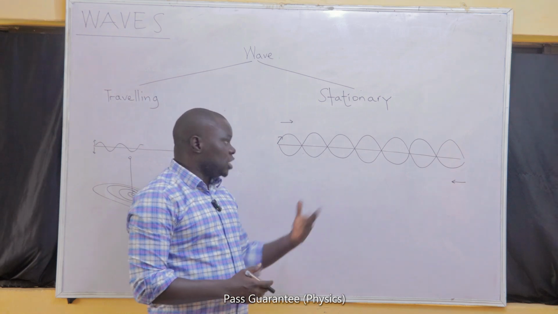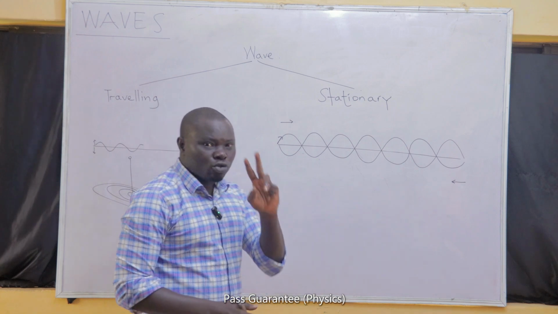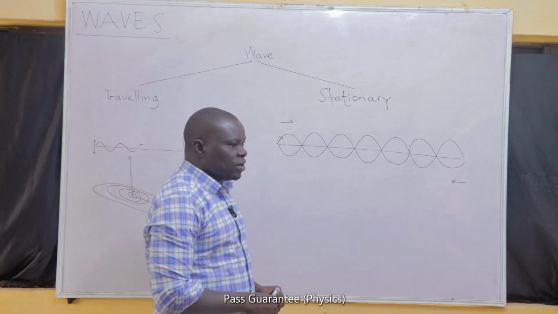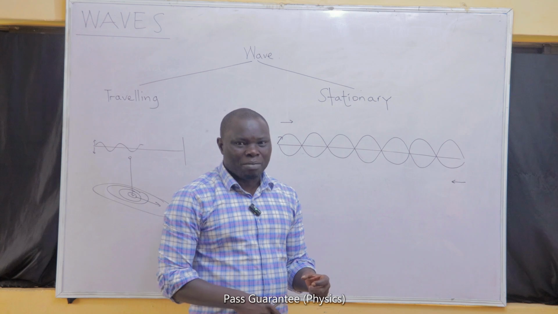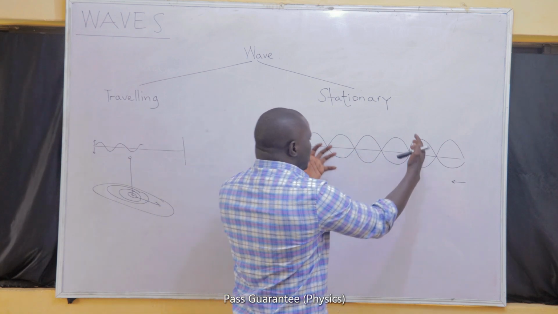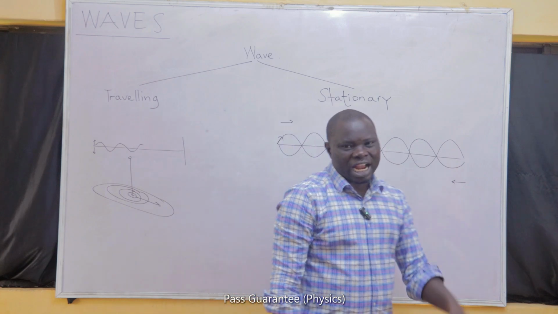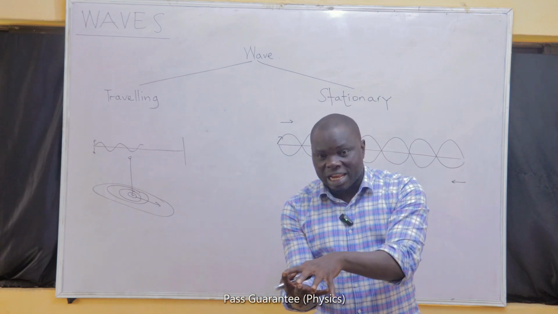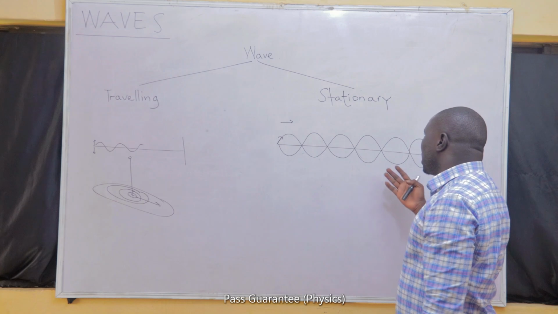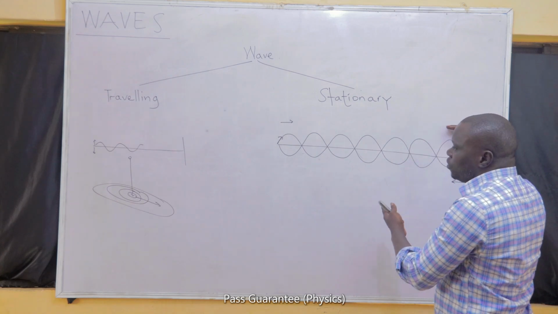So a stationary wave is a wave that is produced, number one, from two waves. Those two waves must have the same frequency and amplitude. We are going to see that later. The same frequency and amplitude means they must be of the same form, but must be traveling in opposite direction. When you bring them together, the wave pattern that you are going to generate is called stationary. So this is how a stationary wave looks.